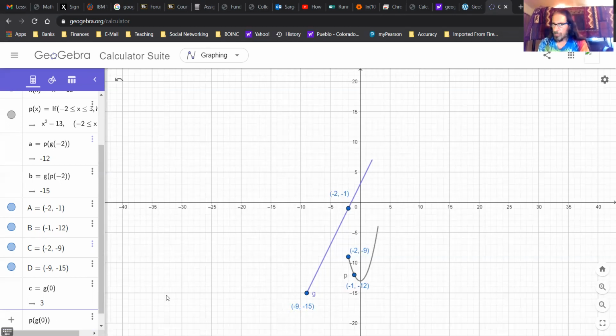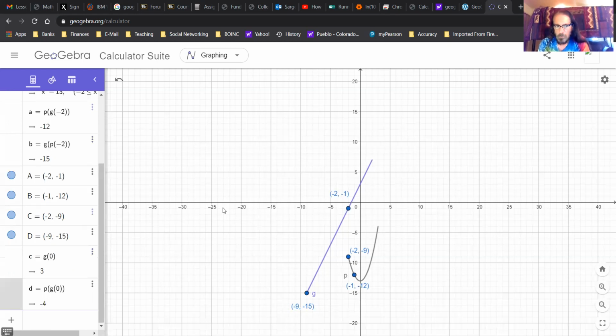But 3 is not in the domain of this parabola. Well, maybe I went far enough. Okay, -4. So, all right, let's put in 1 into g. And that gives us -4.